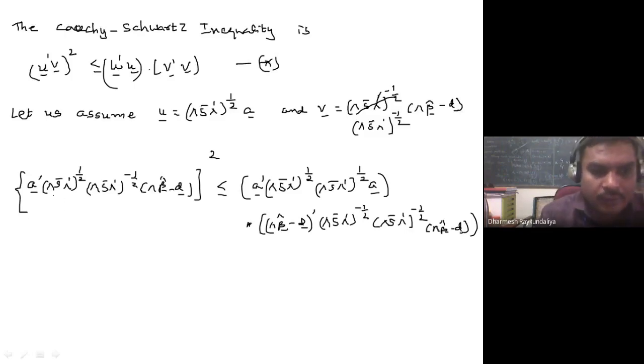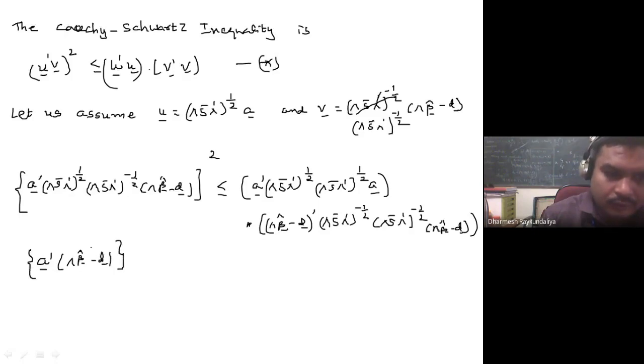Okay, so what you can write, this will cancel out. Why? Because lambda s bar lambda dash raised to half, and this is minus half, so it is an identity matrix, so you can write it as a dash lambda beta cap minus d whole square, and here it is less than or equal to, what you can write, lambda s bar lambda dash raised to half times lambda s bar lambda dash raised to half, so it is raised to 1, so you can write it as a dash lambda s bar lambda dash a.